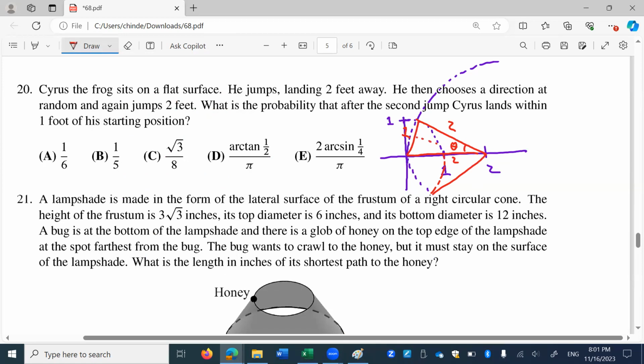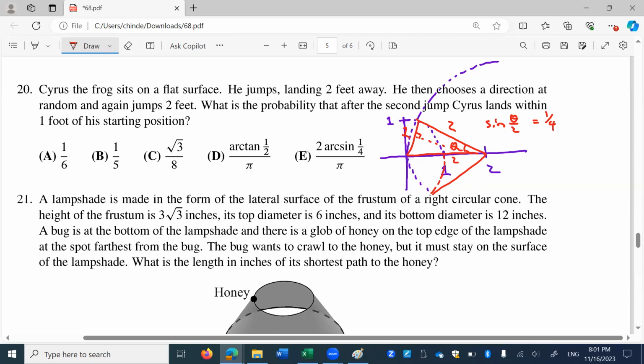And so probably the easiest thing to do is bisect this angle, and I can say that the sine of theta over 2 should equal 1/2 over 2, which is 1/4. All right.